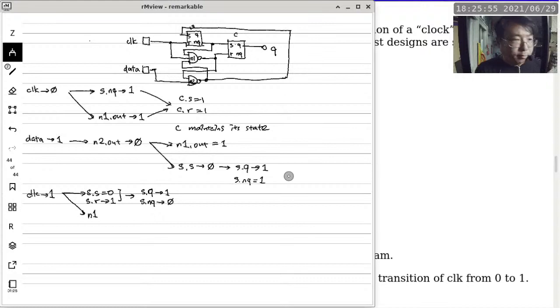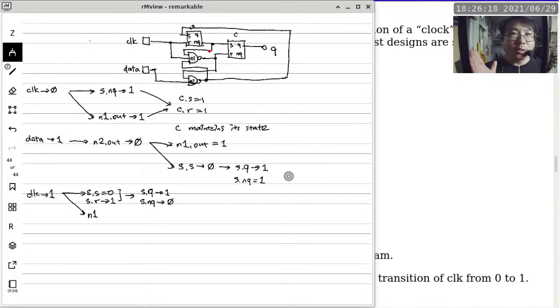What about N1? So let's take a look at N1. N1 is this component here. The middle pin is now changing from a 0 to a 1. But in order to understand what N1 is going to output, we also need to know what the other two pins are doing. This is where things get a little bit interesting, because what about this NQ here?